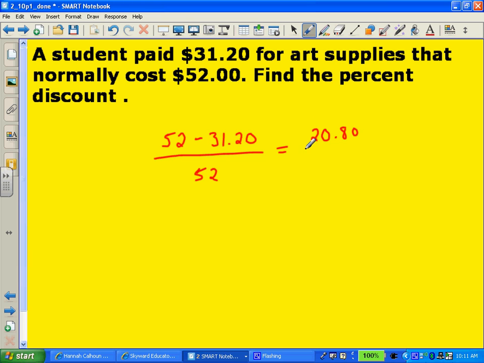So that's how much of a discount the student got, and we're going to divide that by 52, and that gives us 0.4. And again, we have to change that into a percent. So the percent discount would have been 40%. Okay? So those look like percent change.